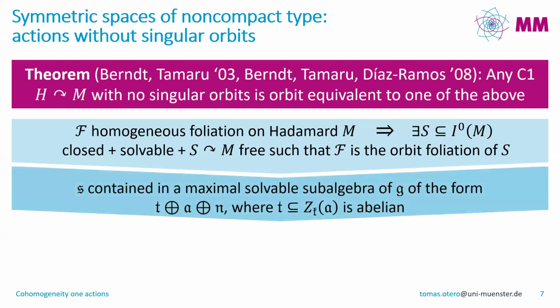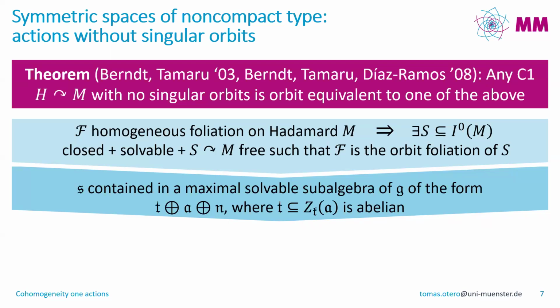And now S being solvable means that its Lie algebra must be contained in a maximal solvable subalgebra of g. And maximal solvable subalgebras of real semisimple Lie algebras can actually be parameterized by subsets of simple roots.